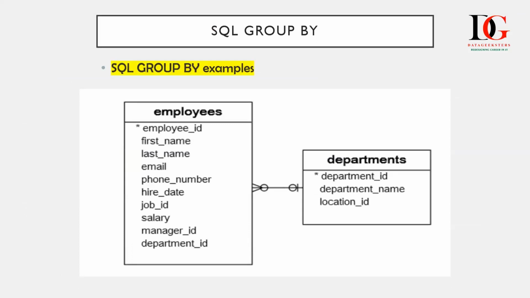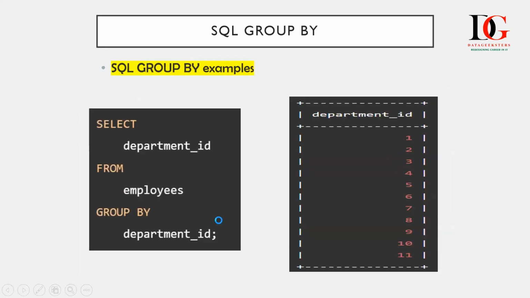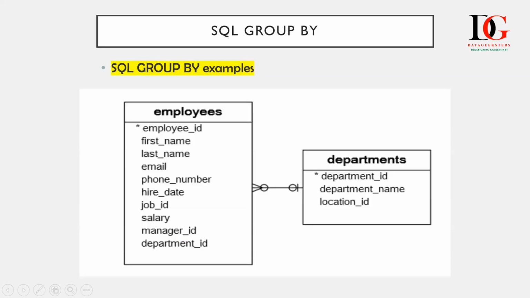Let's suppose I have an employee table. In the employee table, I have multiple columns: employee ID, first name, last name, email, phone number, job ID, manager ID, department ID. Now let's suppose I have multiple departments, like IT, operation.